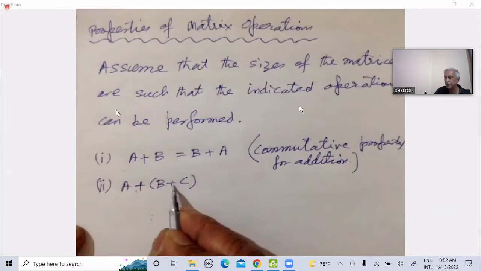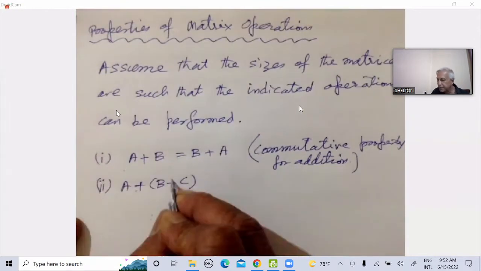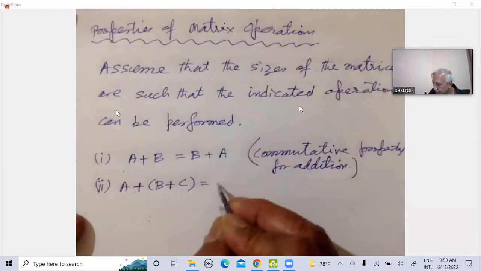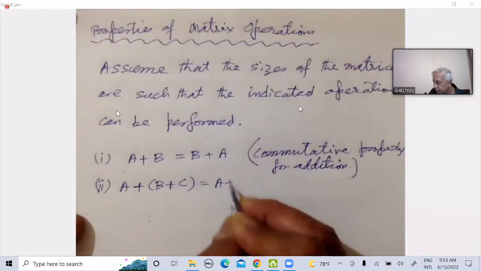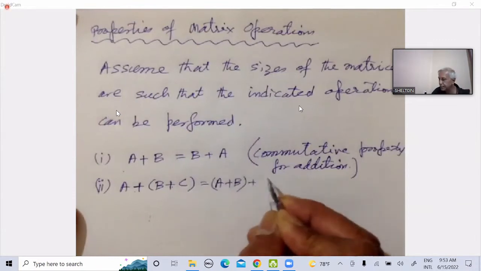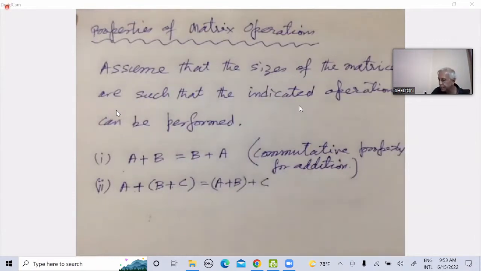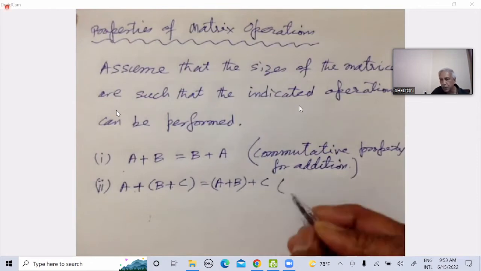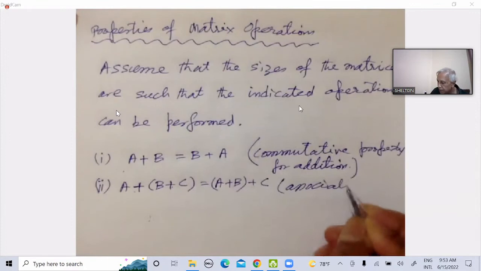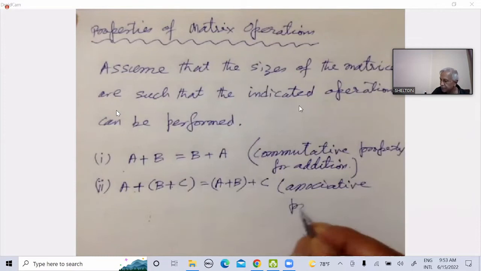This is equal to A plus B, A added to B first and the result added to C. This is known as the associative property for addition.